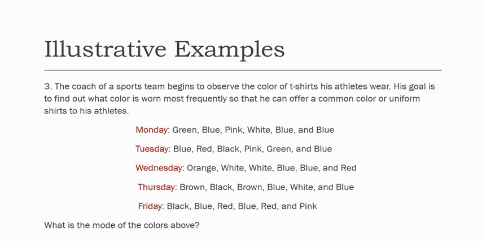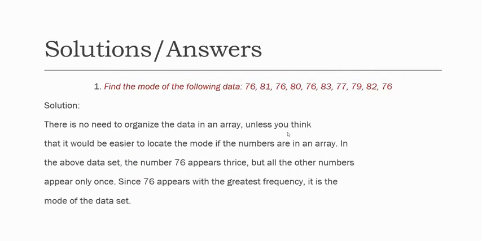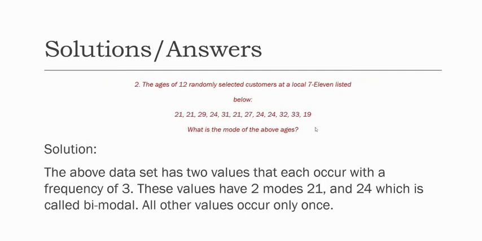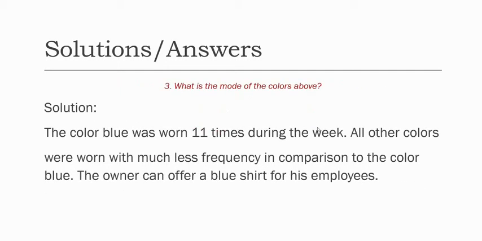So what is the mode of the colors above? Blue, according to Maylin. The color blue was worn 11 times during the week. All other colors were worn with much less frequency in comparison to the color blue. So that is the mode for nominal data.